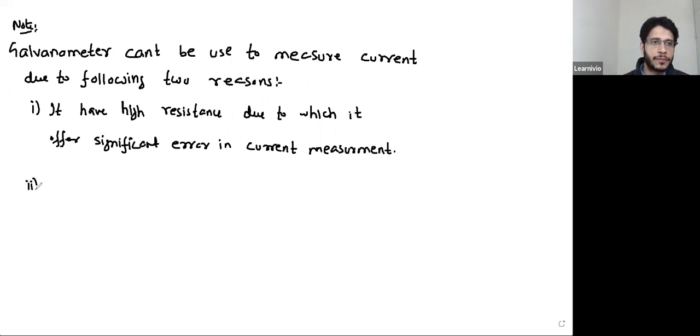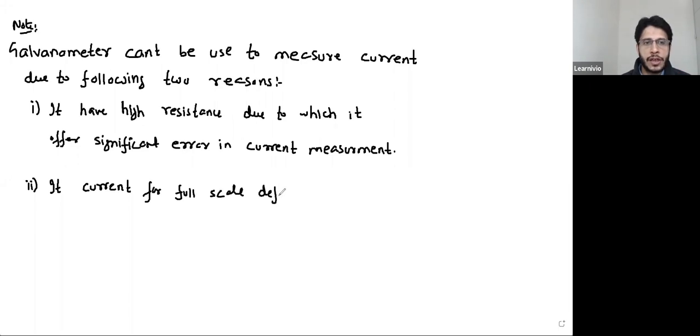Second. The second thing is that its range is very small. You cannot pass more than a few milliampere current through a galvanometer. Its current for full scale deflection is small, usually in milliampere.